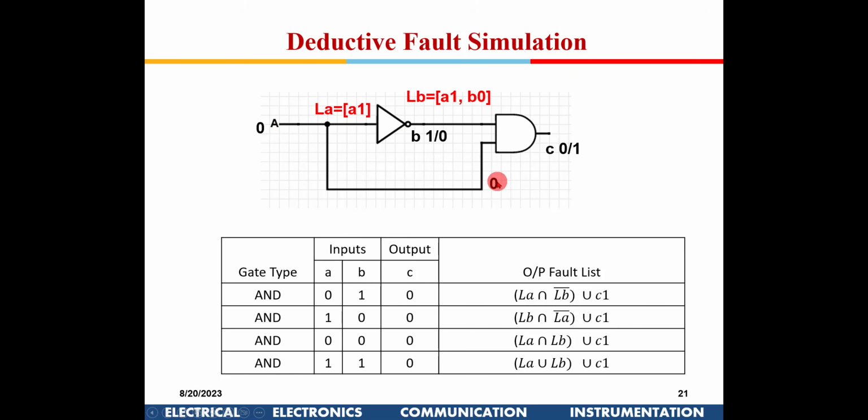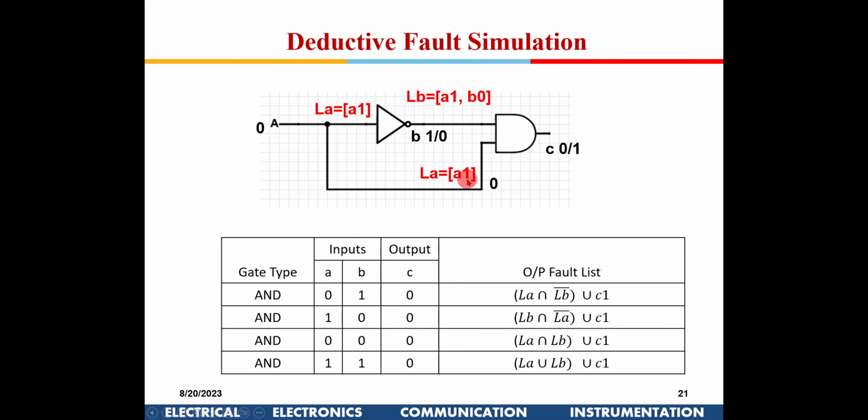Similarly, now I have for a fault free operation, 1 0 available here, okay, 1 and 0. Now it will refer to the AND table, okay, 1 0. For 1 0, it is an LB, right? Now I have to write the fault location here also.